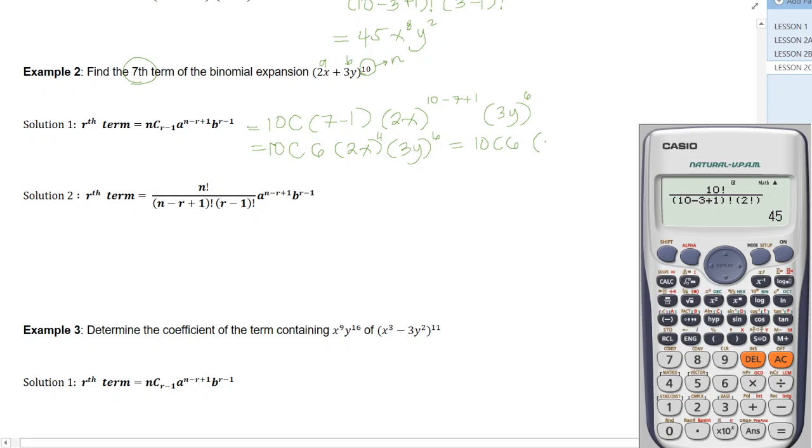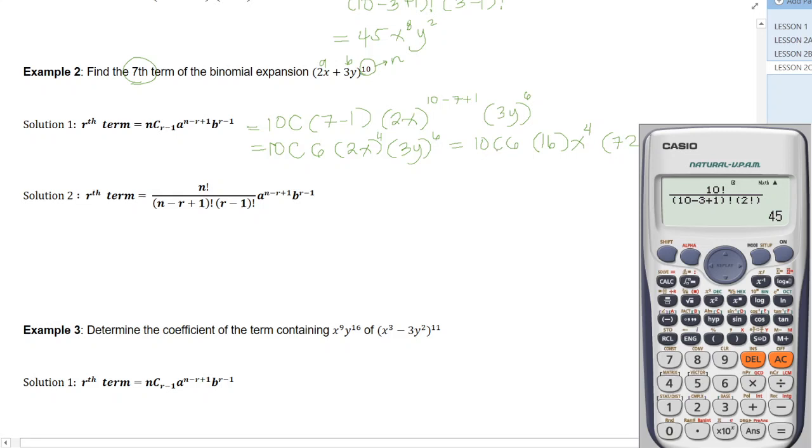What is 2 raised to 4? 2 raised to 4 is 16. Okay, so that is 16 multiplied by x raised to 4 multiplied by 3 raised to 6, that is 729. Okay, that is y raised to 6.